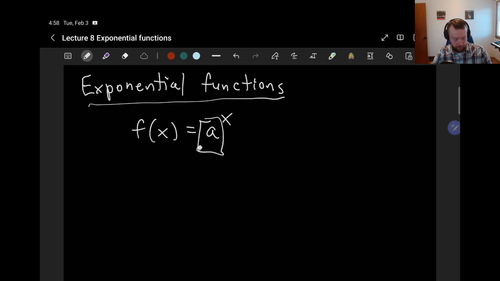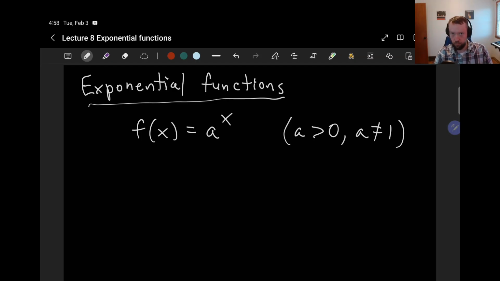This a is some real number. We want it to be positive, but also not 1. Most of what we're going to look at in this course is a greater than 1, but you can have numbers between 0 and 1, like 1/2. Those will look a little different.